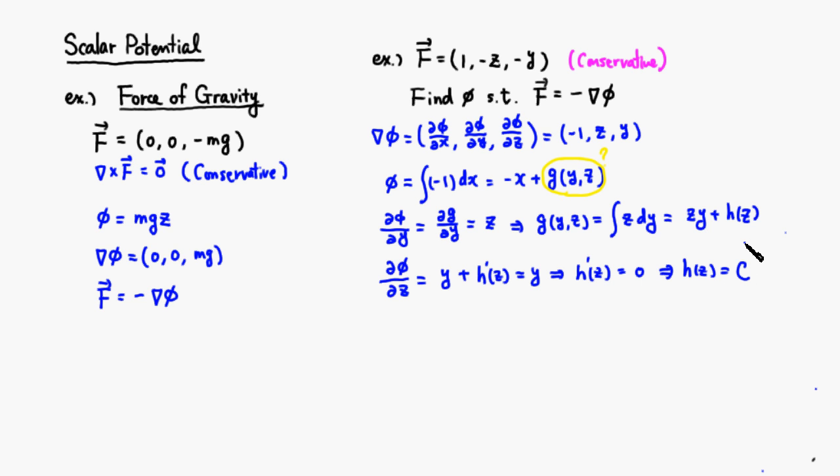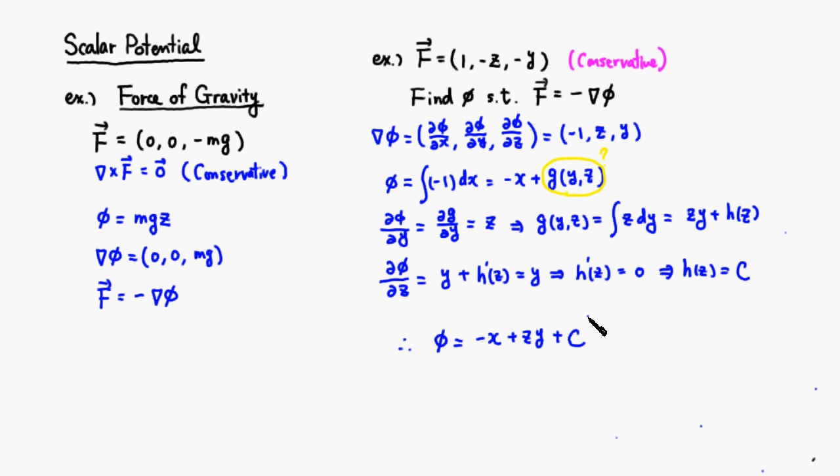So we can find phi. Phi is going to be equal to negative x, then the g function is zy, and h of z is just a constant, so plus some constant c. So this is going to be a scalar potential.